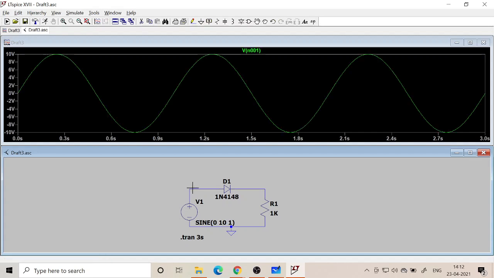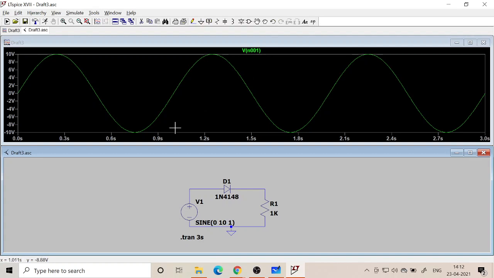It will give you the waveform for 3 seconds, because we have specified 3 seconds, so there will be 3 cycles because I have taken 1 hertz frequency. That's the voltage at this point with respect to the reference, which is basically the input voltage, the voltage across the voltage source. Some name is given here, VN001.